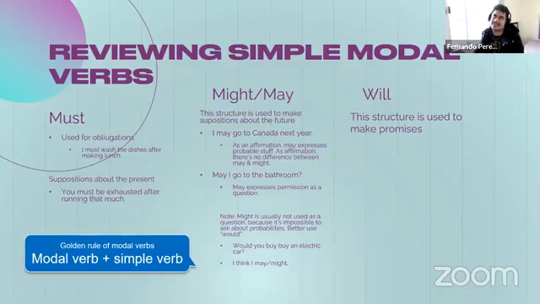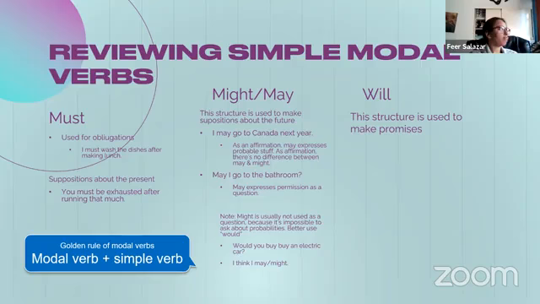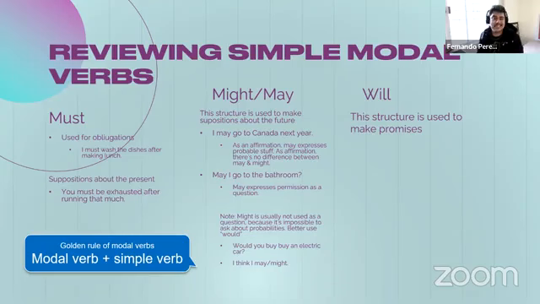You are not expressing a supposition, you are expressing something you have to do. That's why you need to associate must with have to. That's a very good strategy. But at the end it's impossible to make a supposition. It's suppositions about the present. If you want to make a supposition about the future, use might. You see?